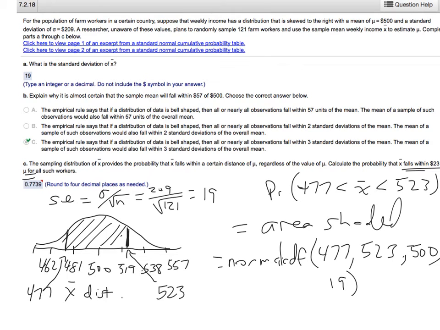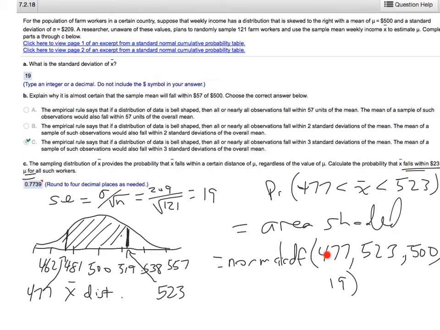So if you put 4 numbers into normal CDF, it will actually find this area for you without you having to convert everything to z-scores. When we worked with proportions, we deliberately converted the picture to a z-score picture so that we could use our table and then also use the normal CDF function without these extra 2 numbers at the end. And we didn't have to do that, but we did it at the time so that we would build an understanding of the connection between the value observed and the z-score, because that is an important idea. But you don't have to make that conversion in order to find the probability.